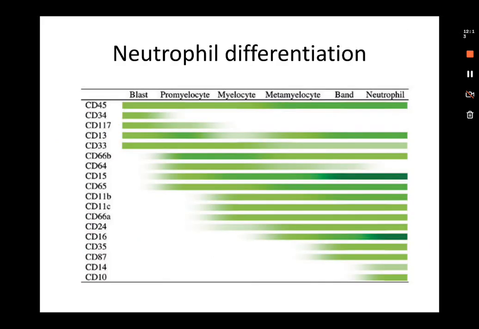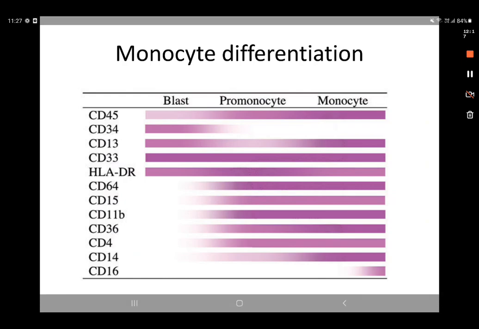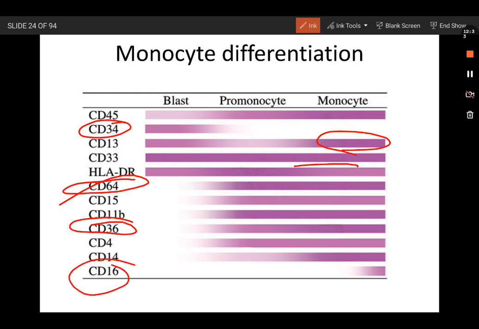Similarly, we have neutrophilic differentiation. Now coming to monocytic differentiation. CD45 in all, CD34 immaturity, CD13 in blast and monocyte, and CD33 and HLA-DR in all. CD64, CD36 and CD16 are quite specific, but CD64 and CD36 are in the pro-monocyte and monocyte but not in the mature ones.